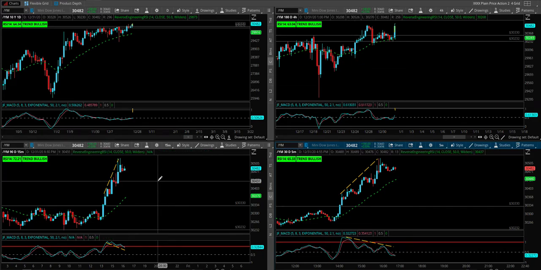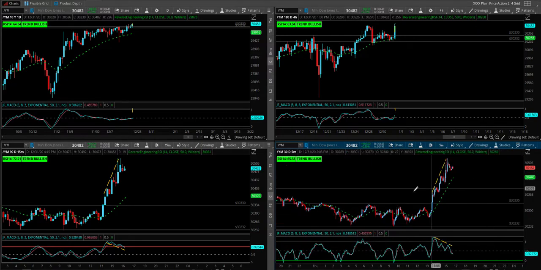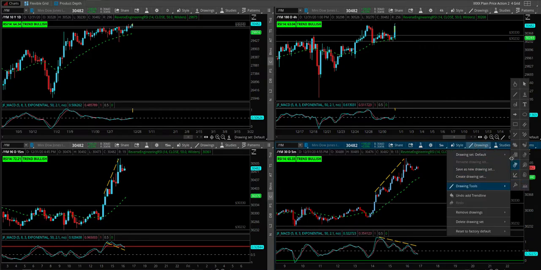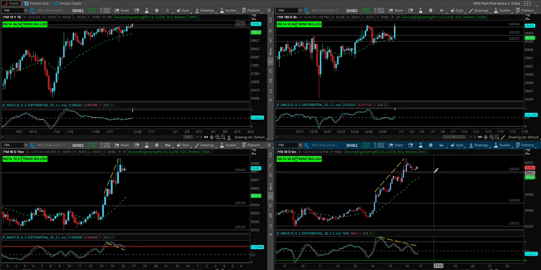But if you were trading this 15-minute, you may say to yourself, hey, wait a minute. If we break this low here, well, that's a short opportunity for a few points, probably down to this next support level. But again, the time frame is going to dictate the move.